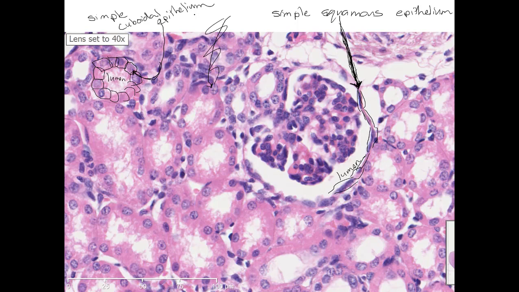Go online and Google kidney slide or something like that, and look at the different kidney slides, or simple squamous epithelium. Look at the different types of simple squamous epithelium or simple cuboidal epithelium, and so on and so forth. That way, the more that you expose yourself to all these different tissues, the better you become at recognizing them.